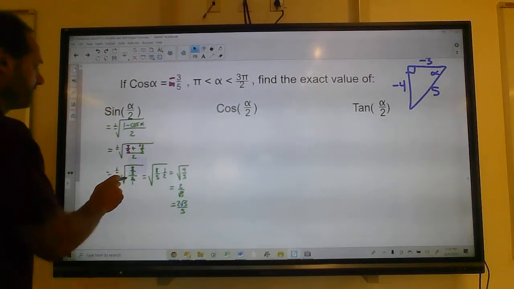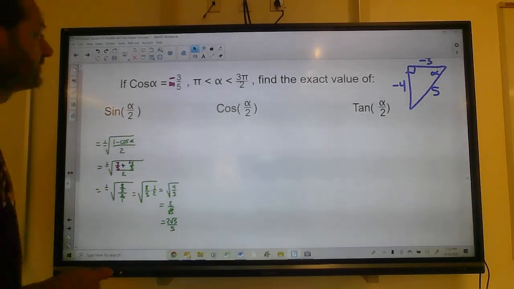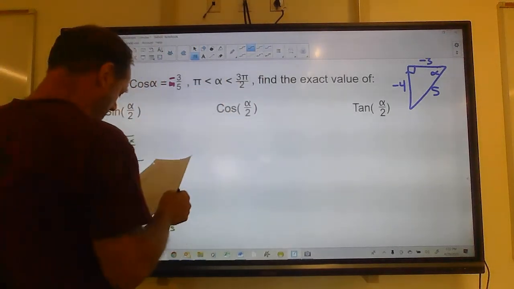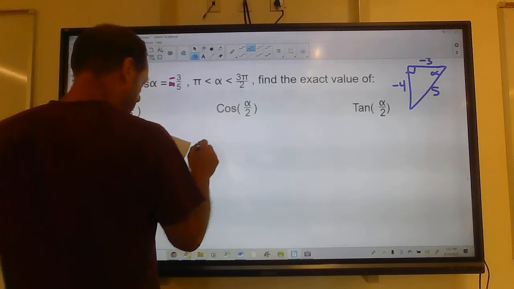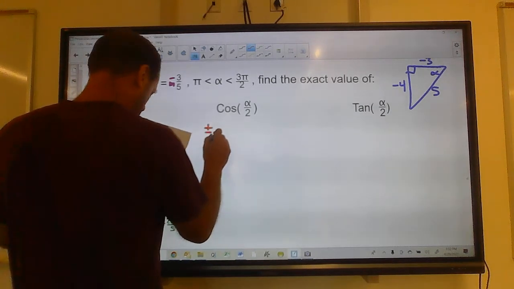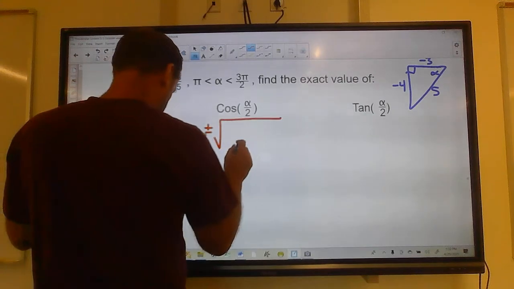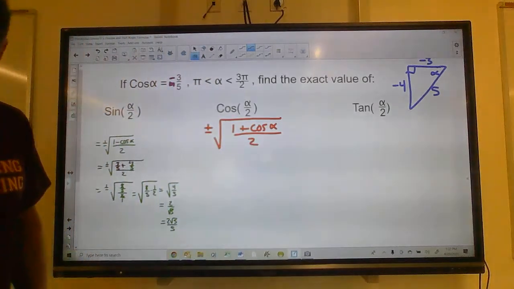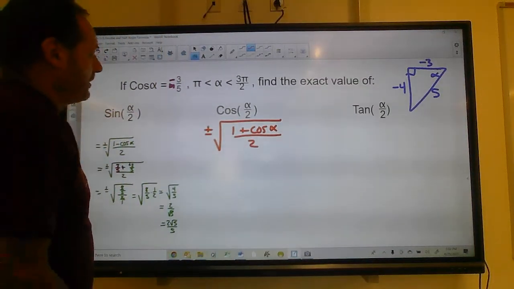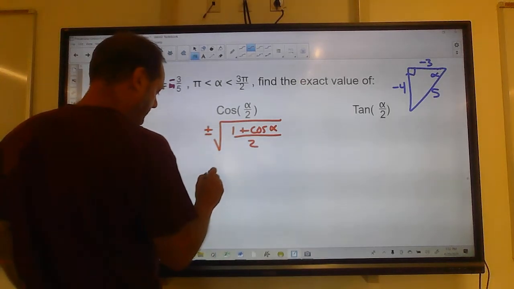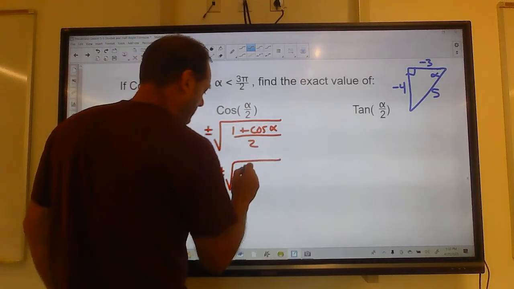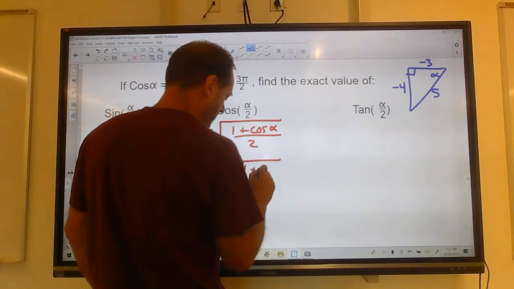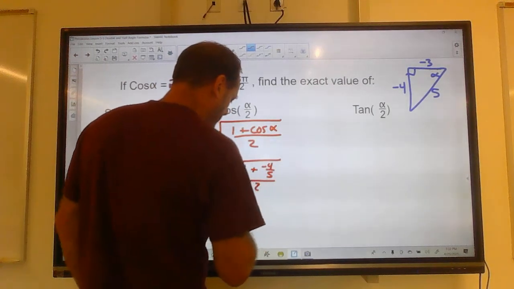All right, let's look at cosine of alpha over 2. So our formula for that, cosine of alpha over 2 is going to be plus or minus the square root of 1 plus cosine alpha over 2. Okay, so here, this is going to be equal to plus or minus the square root of 1. The cosine is going to be negative 4/5, so 1 plus negative 4/5 over 2.